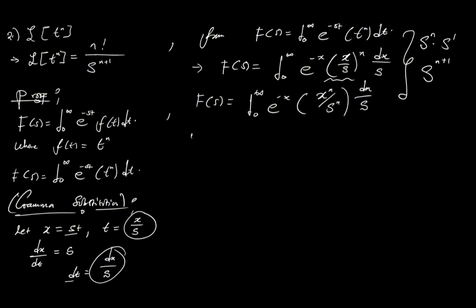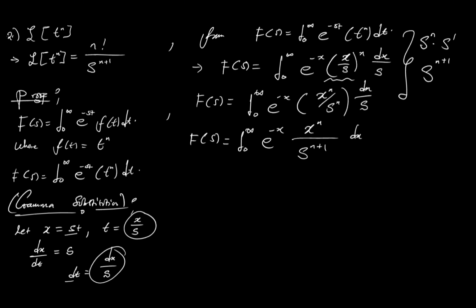Therefore, the s domain, f of s, is equal to the integral from 0 to infinity of e to the minus x of, what are we going to have now? If we apply this in context, we'll have x to the n over s to the n plus 1 dx.